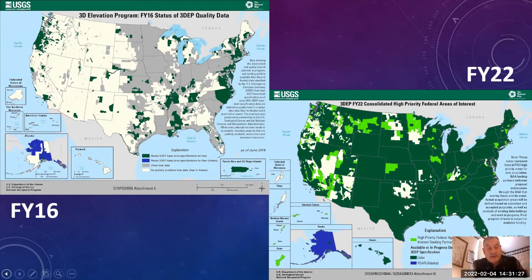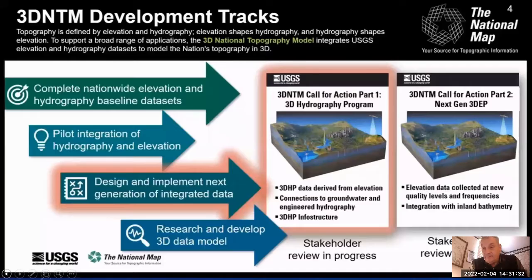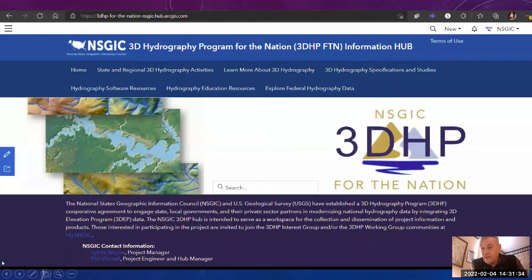So let's talk about the new 3DHP hub. Sorry. As a result of this presentation, I hope you will be able to better understand the purpose of this hub, its content, both the state and federal content, obviously how to use it, and really have an appreciation that the 3D hydrography program is a lot more involved than just the elevation-derived hydrography.